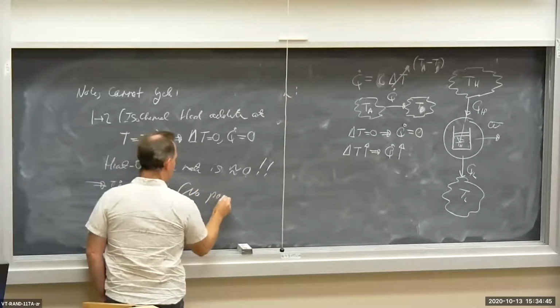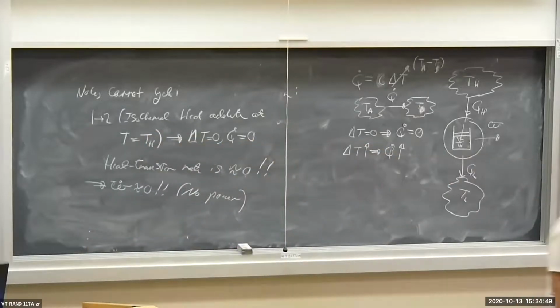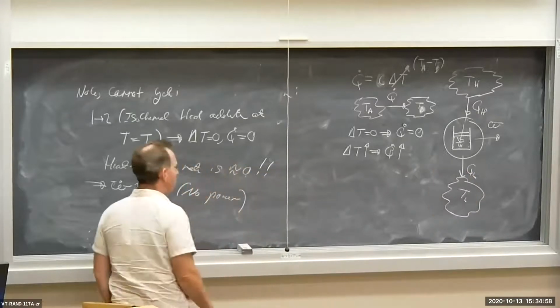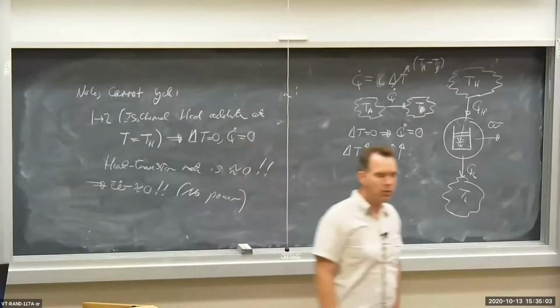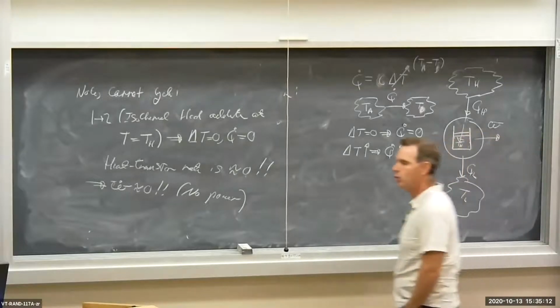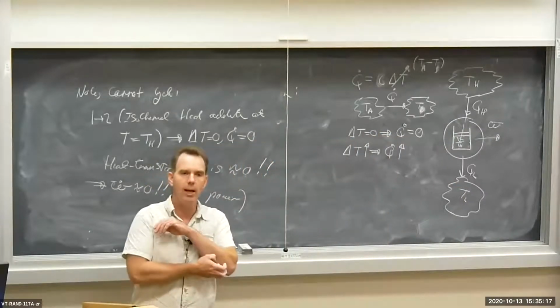No power. The Carnot cycle is very efficient, but if we try to build one, it will produce 0 power, approximately. So the Carnot cycle is not a very practical heat engine to build, not because we can't minimize friction, not because we can't minimize unrestrained expansion, but because the heat transfer rate is so low to the working fluid that we can't produce any power.